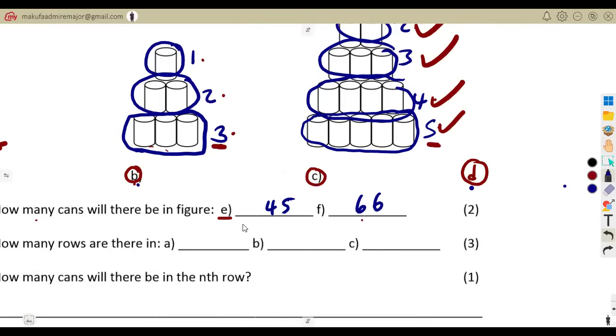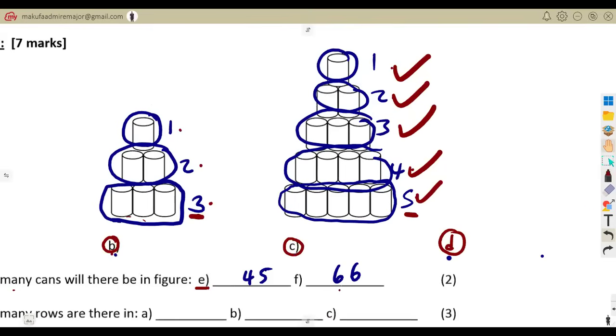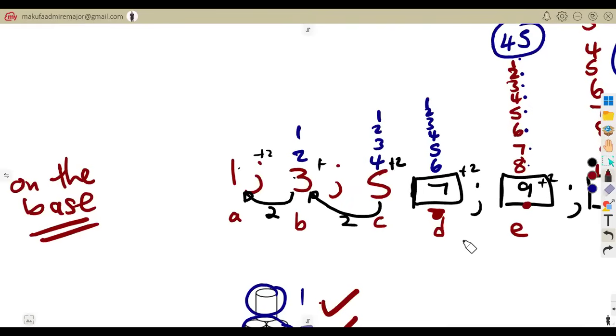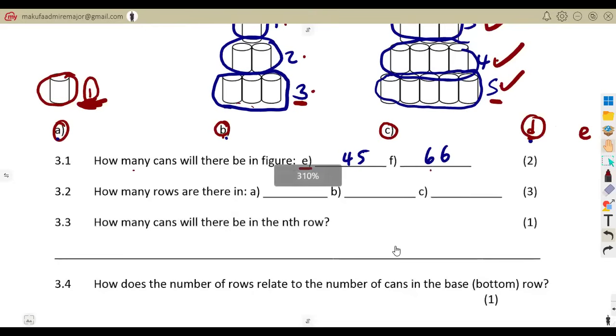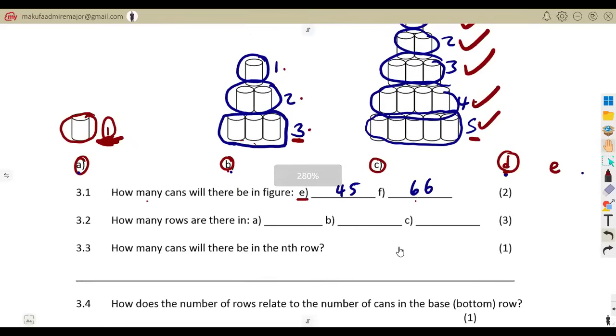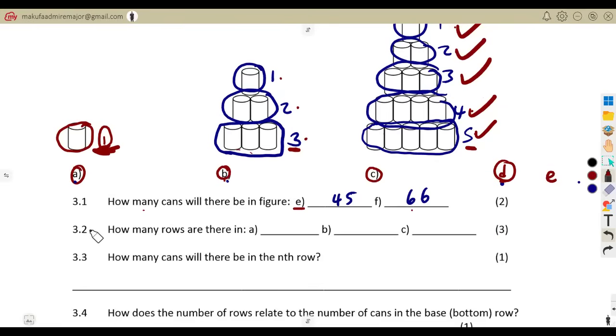Unless the question was, how many cans will be in fig D and E, because we can see that we ended up at C. So D, it's a continuation, D and E. For D, you add up these numbers, it was going to be 28 and 45 if it is D and E. But this one is E and F. So guys, be careful with your questions and your memo as you are revising.